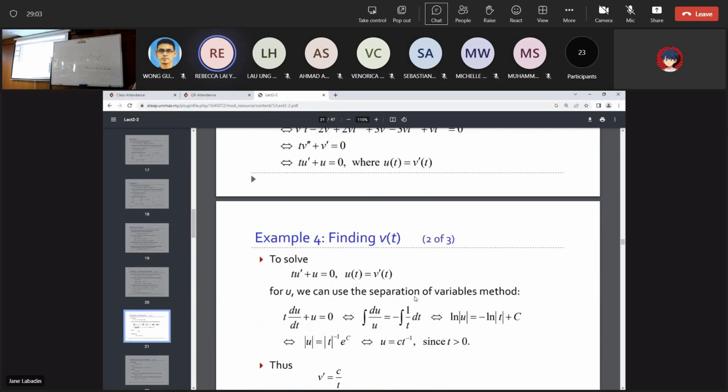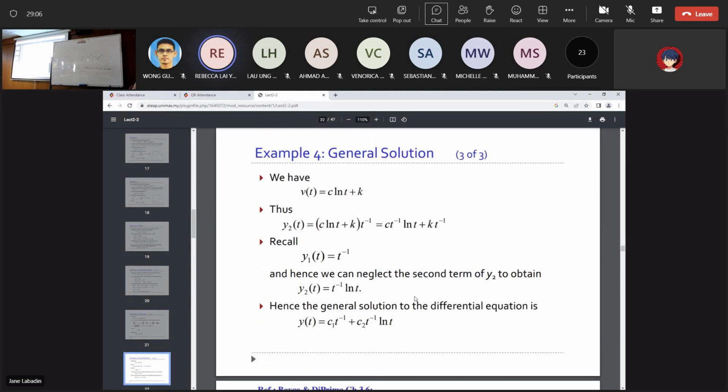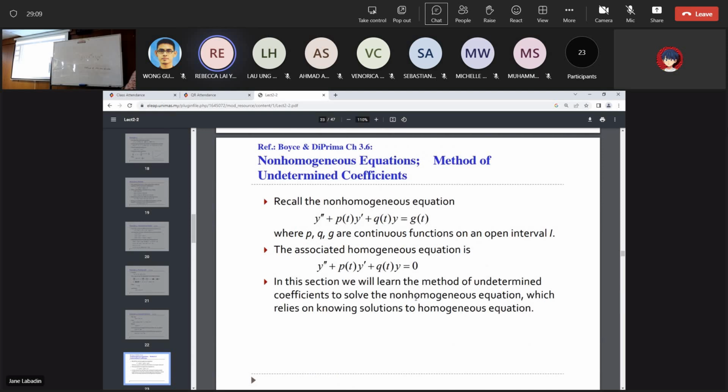Okay. So basically that's method of reduction of order, and then we have looked at method of undetermined coefficients. This is when we have the usual second order ODE, and we have the non-homogeneous part here. Before this, we have looked at homogeneous, where homogeneous is when G equals 0, right?